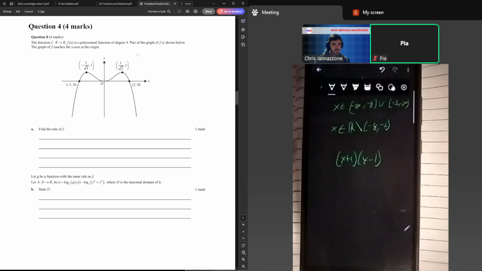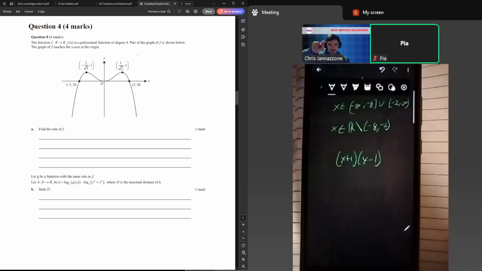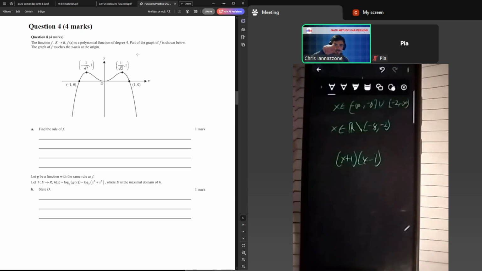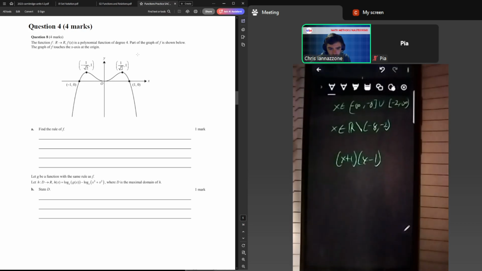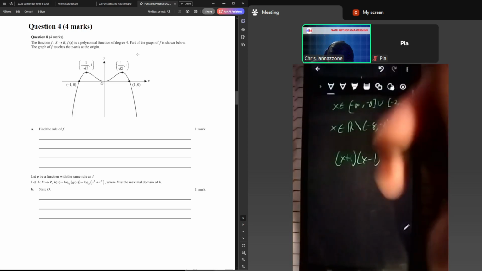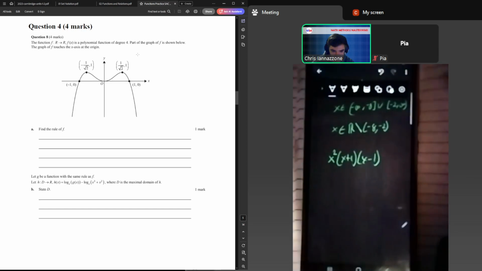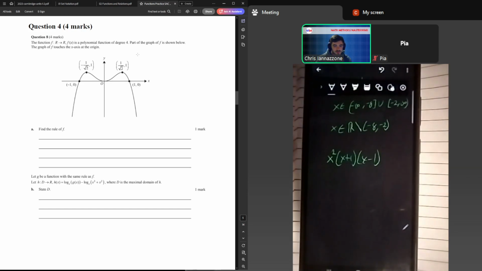It just means that if it's a turning point on the x-axis, rather than cutting straight through, you square that term. Because it cuts at 0, that's the same thing as saying x minus 0, or obviously just x at that point. But because it is a turning point, we now square it. And so this one's going to have a factor of x squared. That tells you turning point at x equals 0, cuts at x equals -1 and +1.